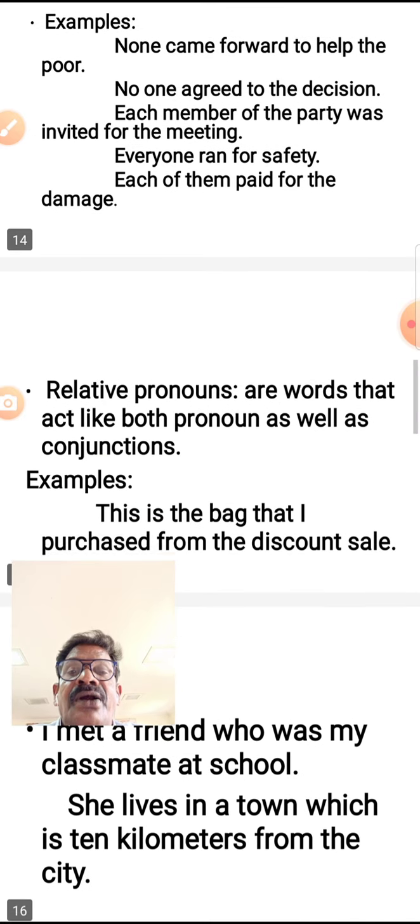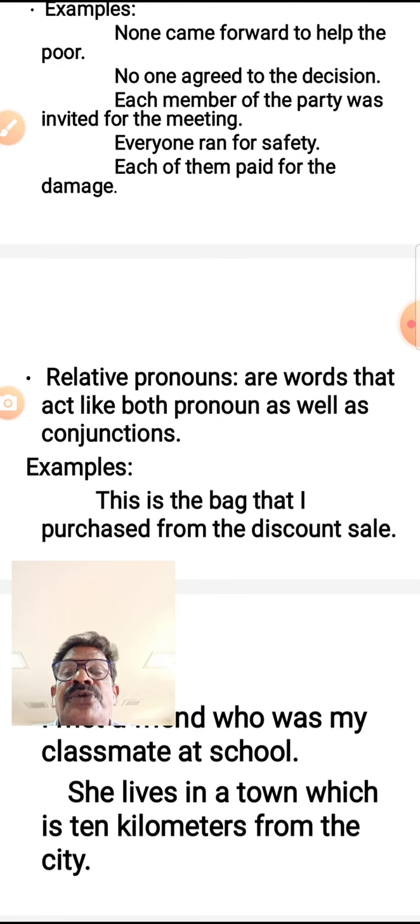And now let us come to the relative pronouns. Relative pronouns are words that act as both a pronoun as well as a conjunction. When I started this grammar, I listed the parts of speech, in which you might have come across conjunction also.